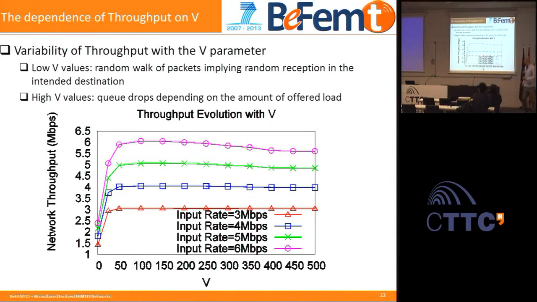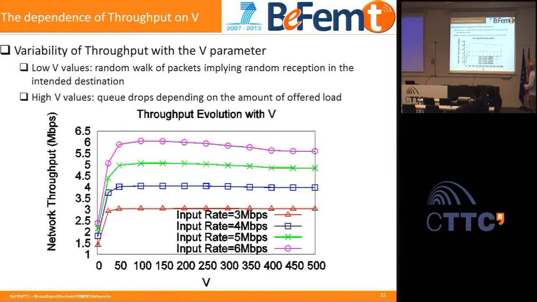As we can see, over the x-axis, we project the V parameter over this range, which, as we will show later, covers all the possibilities for the V parameter because of the queue backlog that we configure in every home node B. And we can see the variability of throughput over the x-axis with this V parameter for different input rates for the 2 flows injected in the network of femtocells.